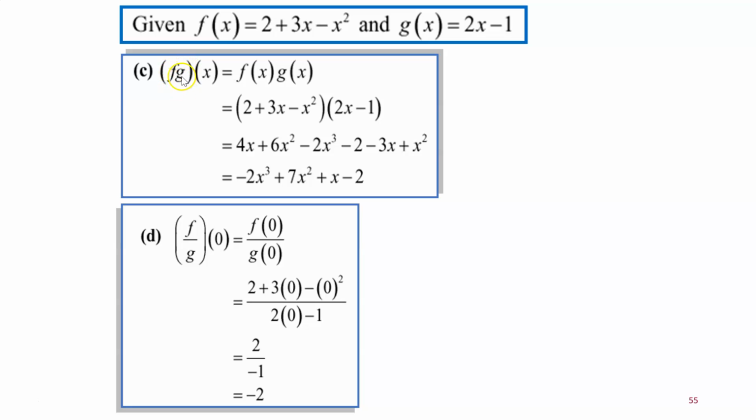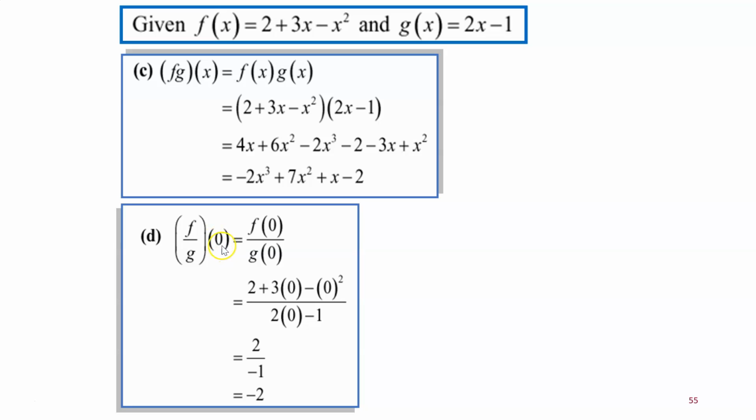Biasanya kalau dia letak fg macam ni dalam satu bracket, and then x dekat luar bracket, that means you're going to multiply both these two functions, or you can write it down using this form, f of x multiply with g of x. So you get this one and this one, you just expand it, kembangkan dia, darab macam biasa, until you get this answer.